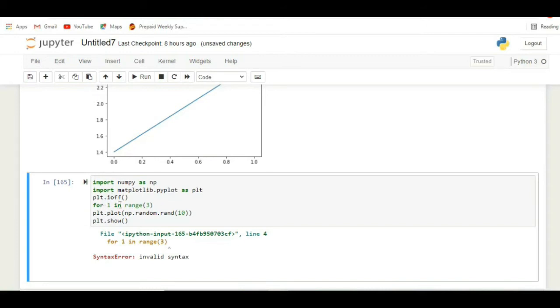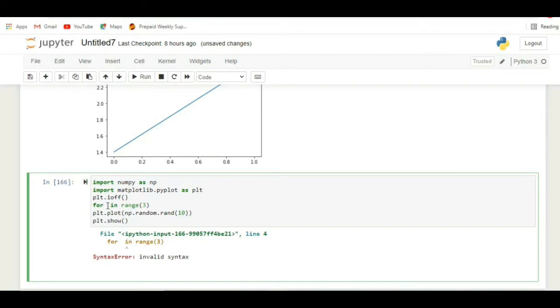So the problem is in 1. After changing it into 1 or i, or simply we can remove this for i in range 3. Let me remove it.